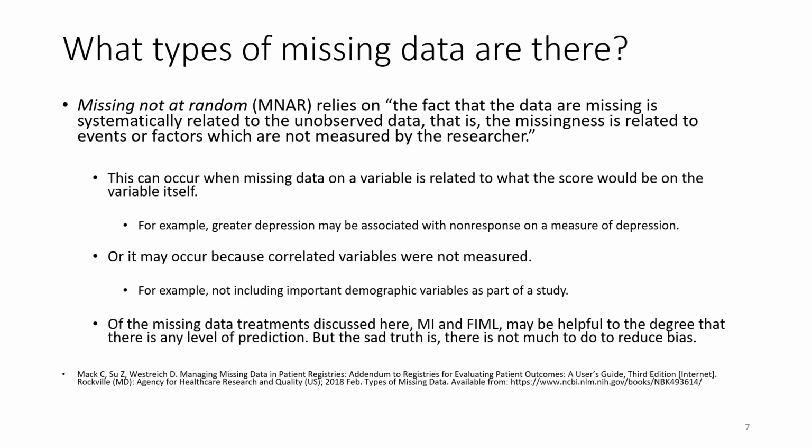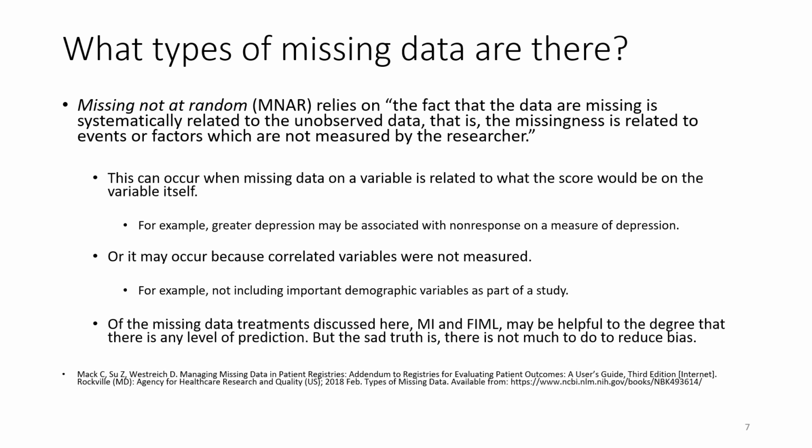Of the missing data treatments discussed here, MI and FIML may be helpful to the degree that there is any level of prediction, but the sad truth is there is not much to do to reduce bias.